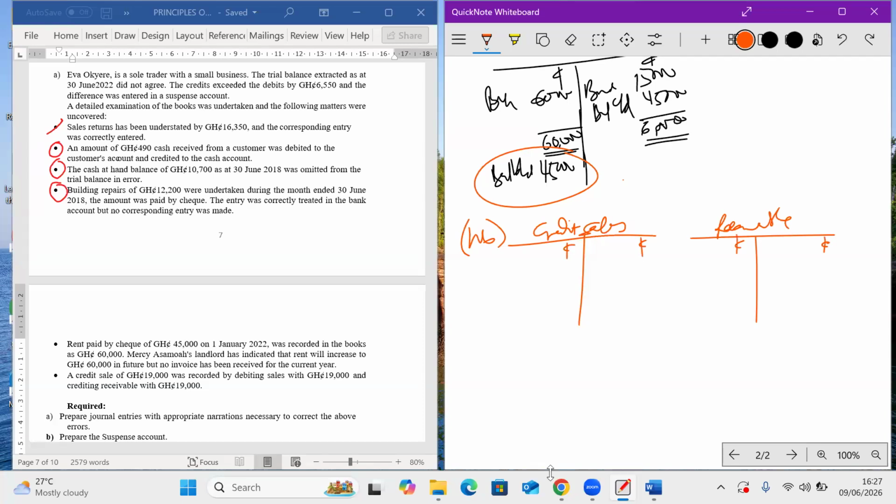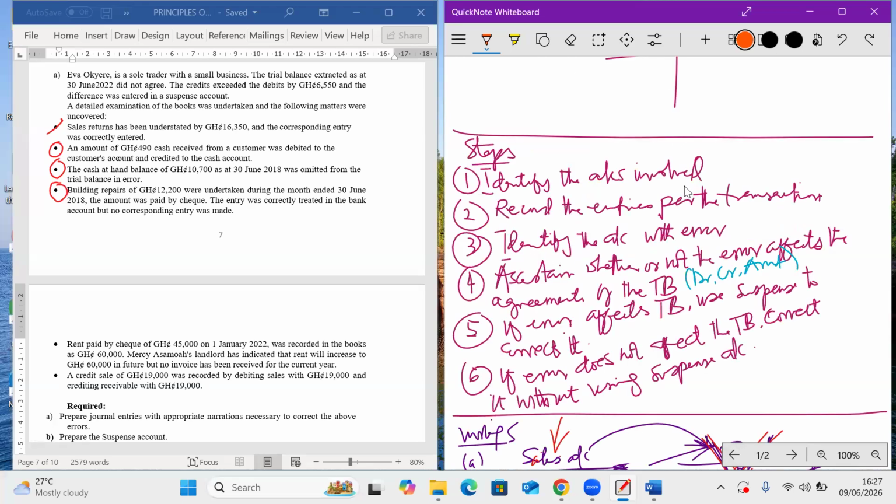We good? Yes, credit sales is the same as sales. So let me write sales. So sales account, receivables account. So what's the next step?